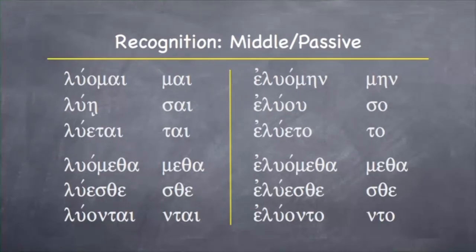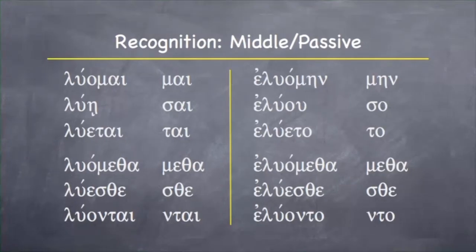And one thing that's really important to notice here is that the alpha iota is a sign of the primary. The omicron is a sign of the secondary, because look what happens in third singular. The primary is tai, the secondary is ta. Okay, it's like the alpha, iota, and the omicron are swapping places.